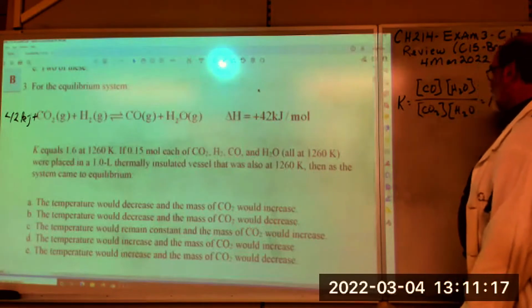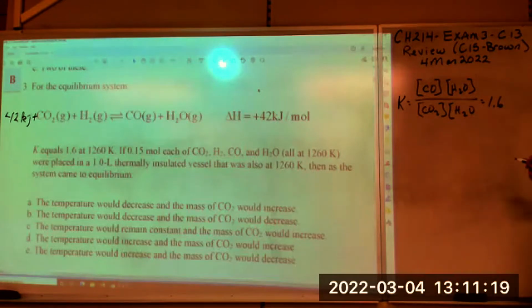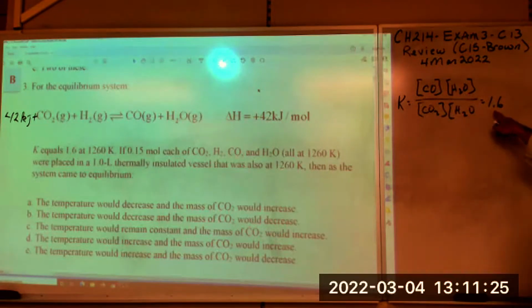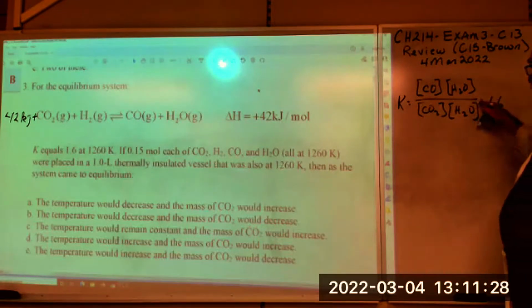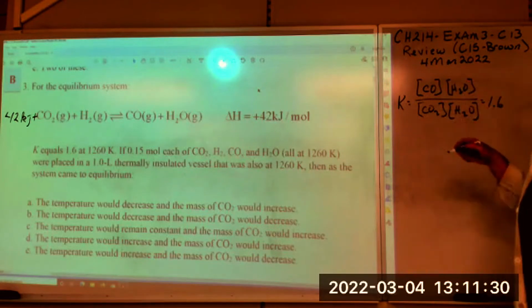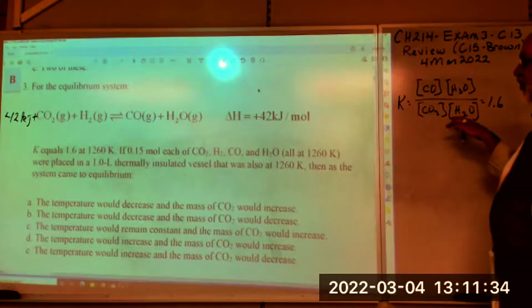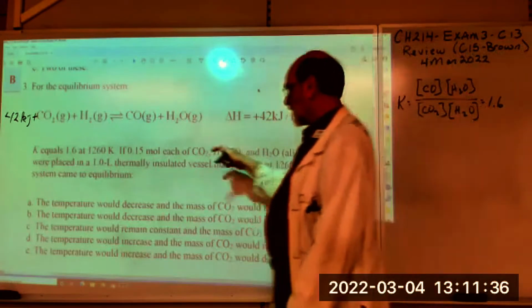And that's equal to 1.6. So it slightly favors the product side. Okay? It's a little bigger than 1. And since these are all powers of 1, we can make that statement. It's going to move to the right under these conditions.